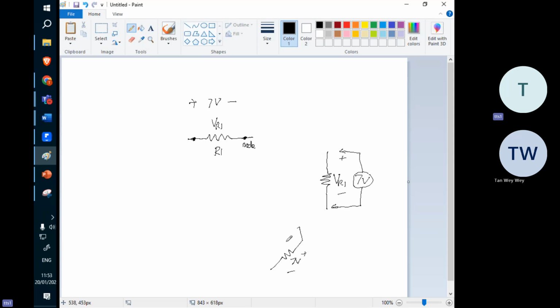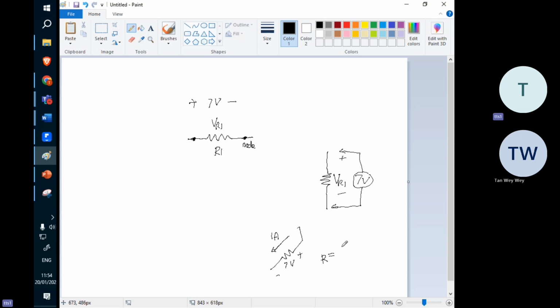And if I give you, for example, for this component alone, for this unknown component, the current flowing through it is 1 ampere, and then I tell you that the voltage from here to here is 7 volt, so I ask you what is the resistance.